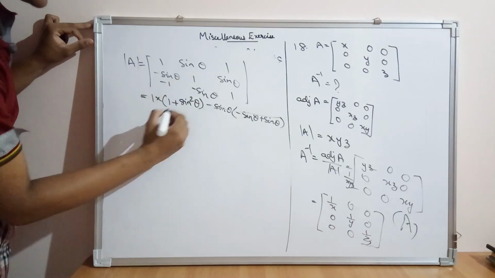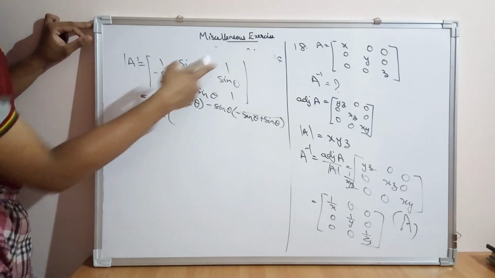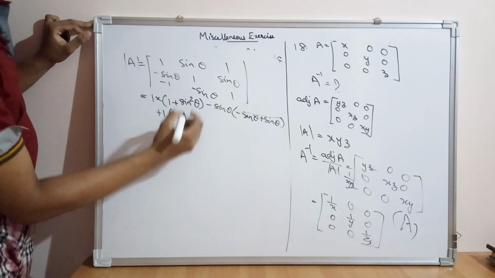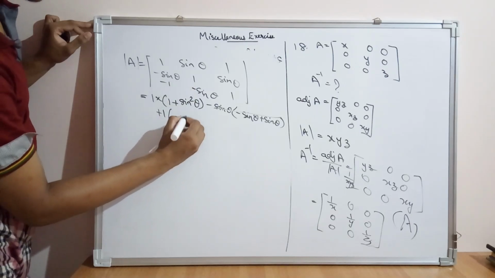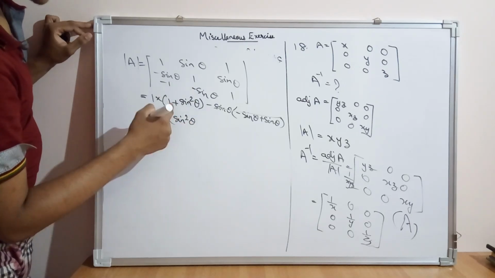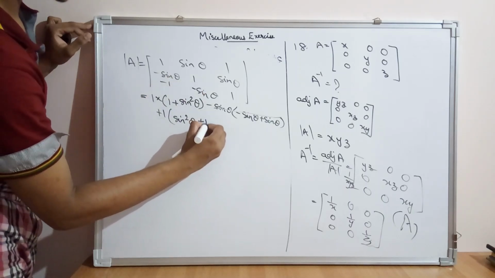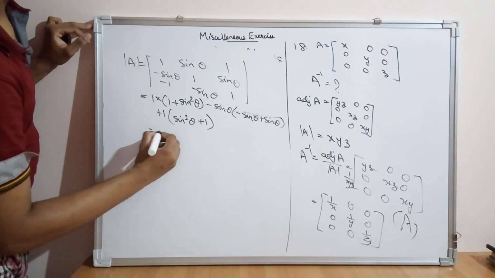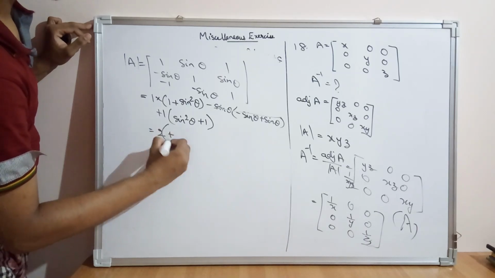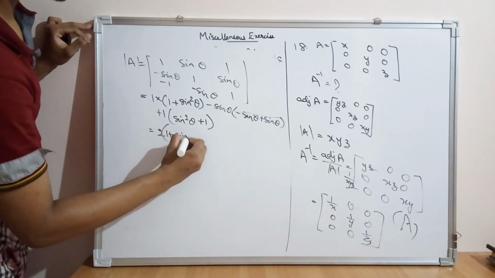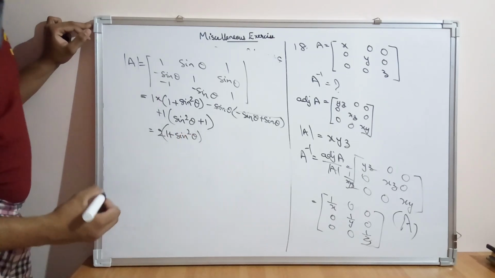Next we have one more term, that is plus 1 into sin square theta, then minus of minus 1 is plus 1. It is going to be 2 into 1 plus sin square theta.